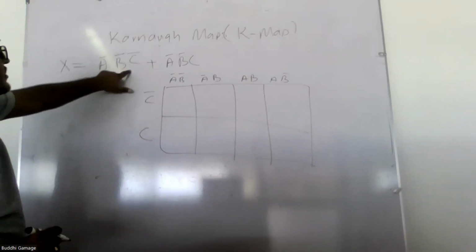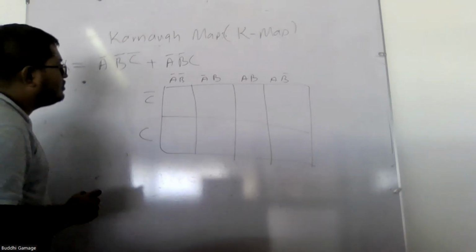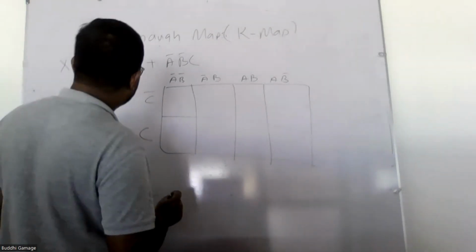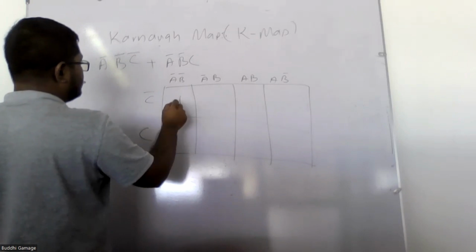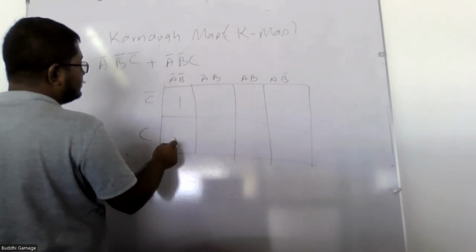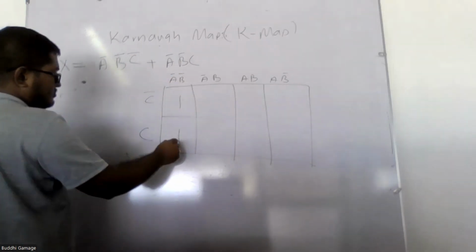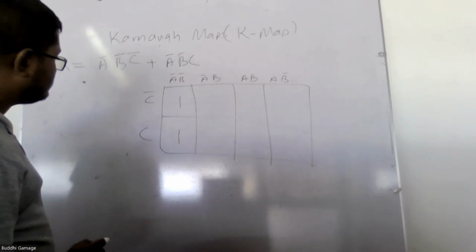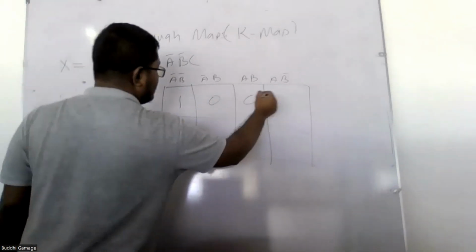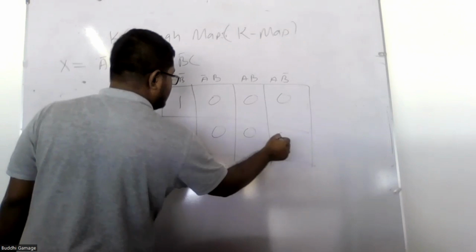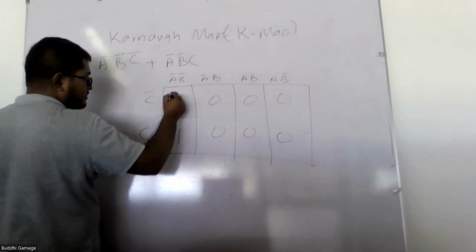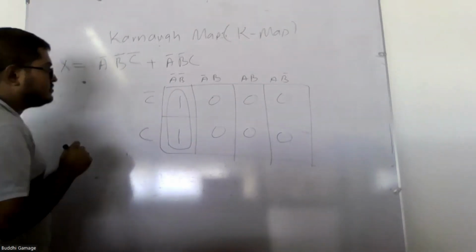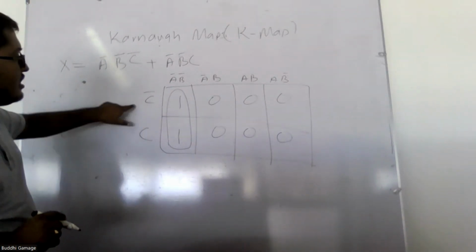So A bar, B bar, C bar is 0. So A bar, B bar, C bar, this is true. A bar, B bar, C, this is true. And these are false. So as we did, we can join this one, and only C bar is changed.